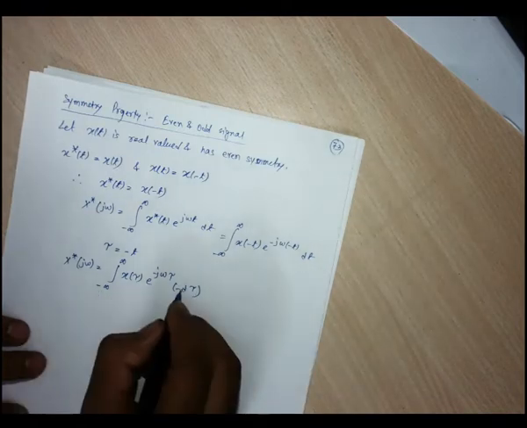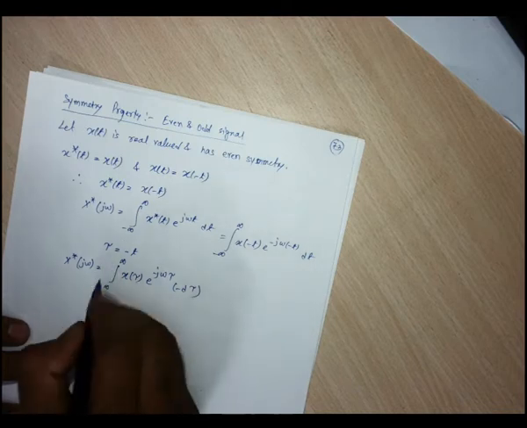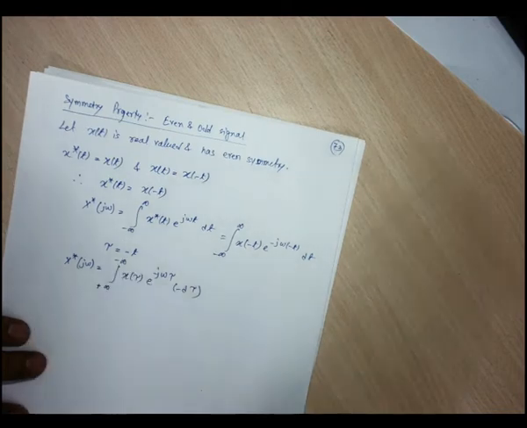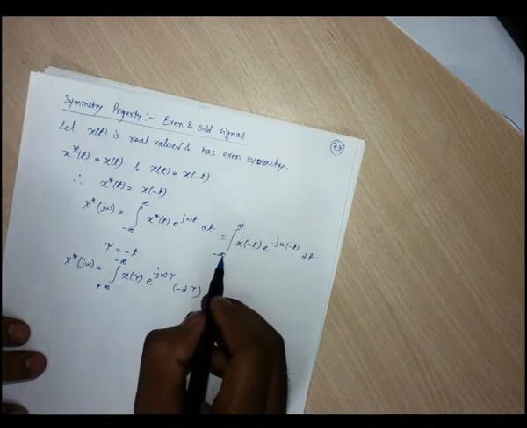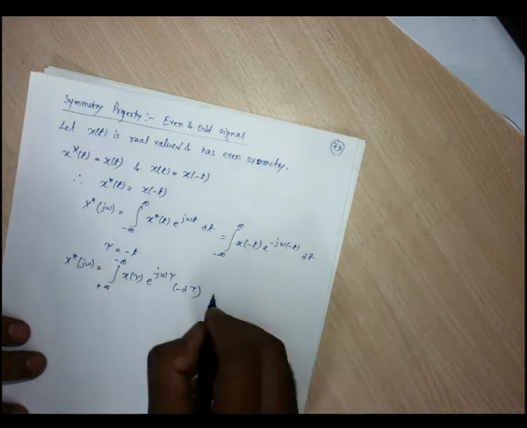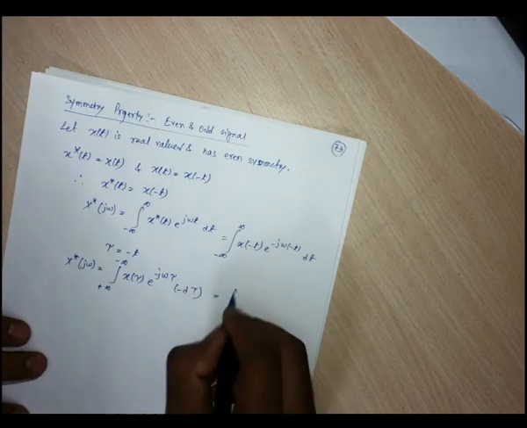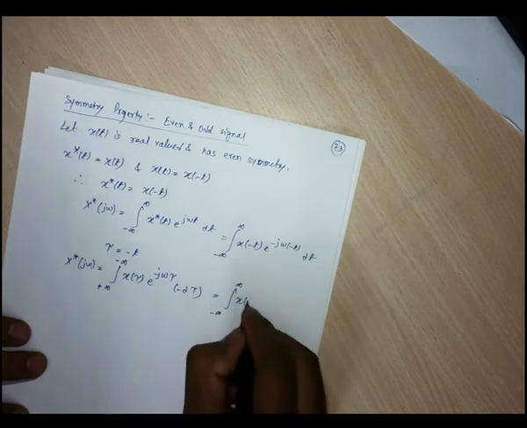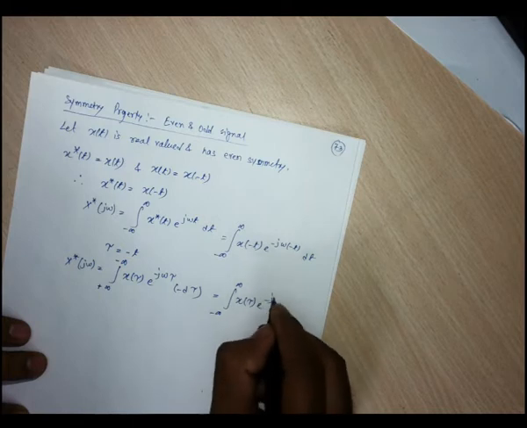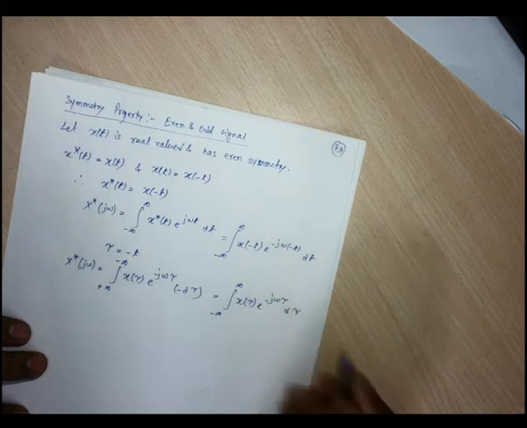So if we are taking this one as minus, then this one will become plus and this one is minus, right? Because minus t is equal to minus infinity, then it will become plus. So if you take this minus here, then it is changing to integral from minus infinity to infinity of x of tau e to the power minus j omega tau d tau, right?